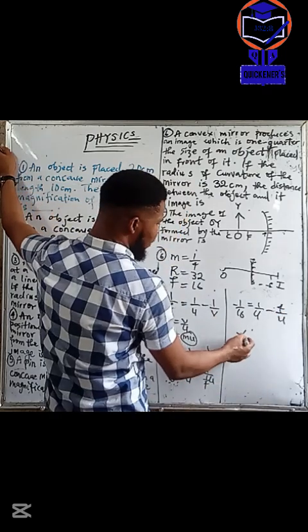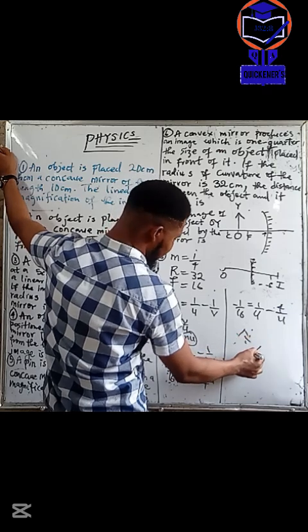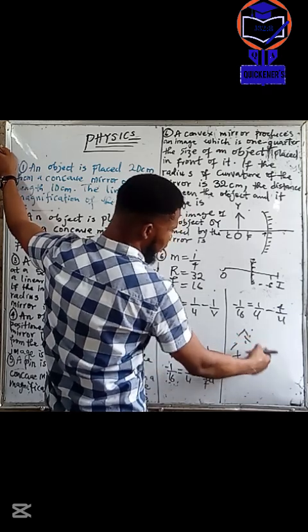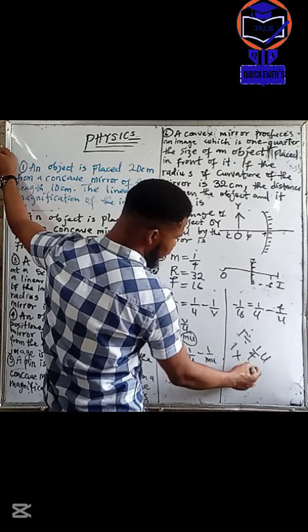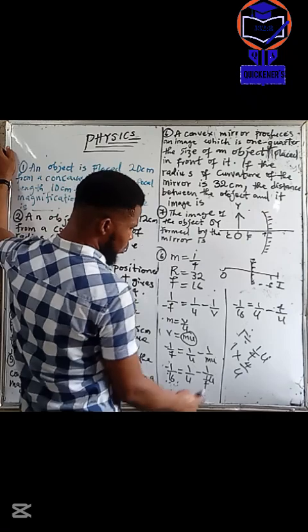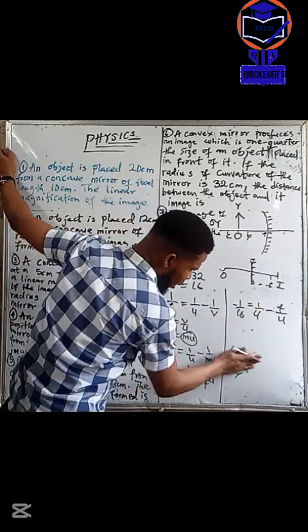How? 1 divided by 1 over 4 u. When you say 1 times, this 4 will come up, u will come down, that's 4 over u. Can you see that? So that is why we have 4 over u here. Do you understand this?